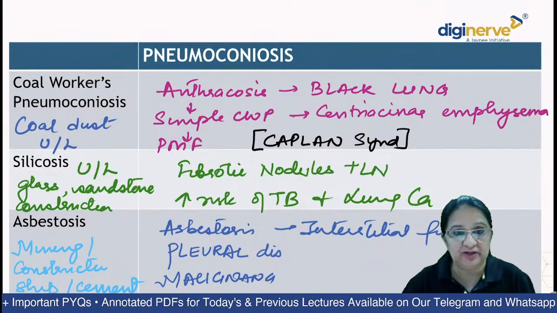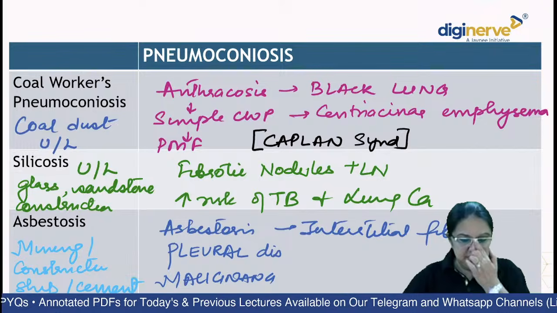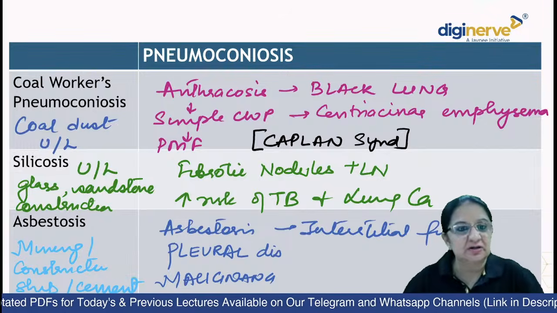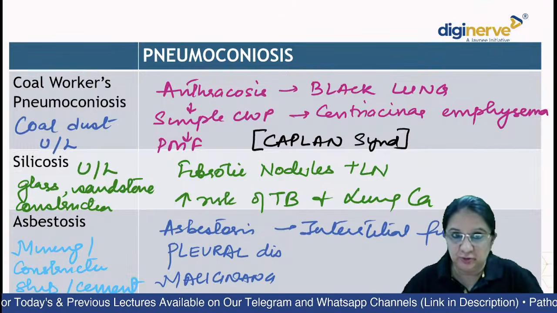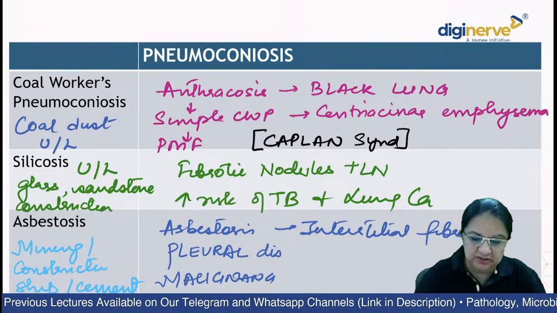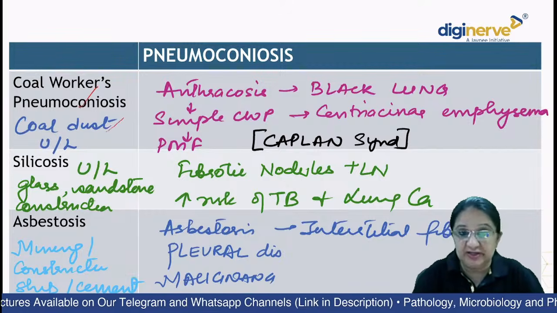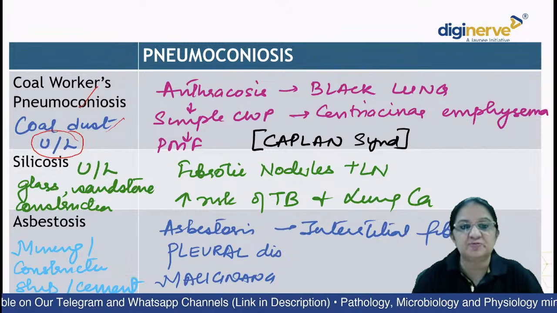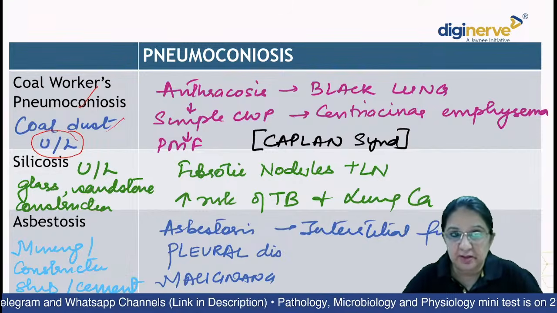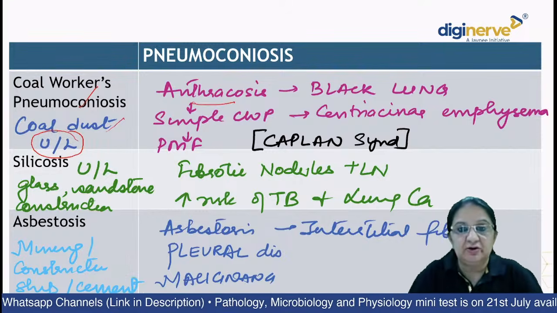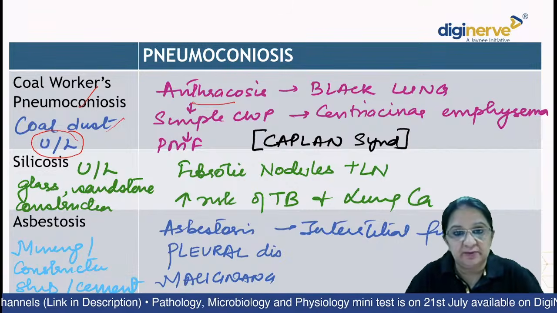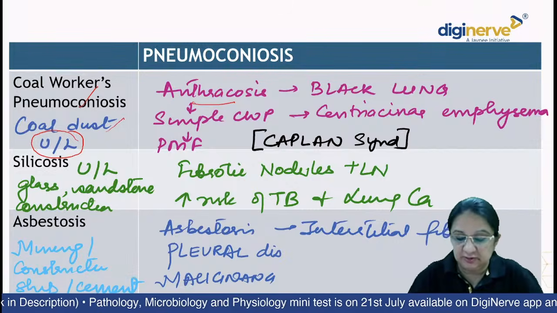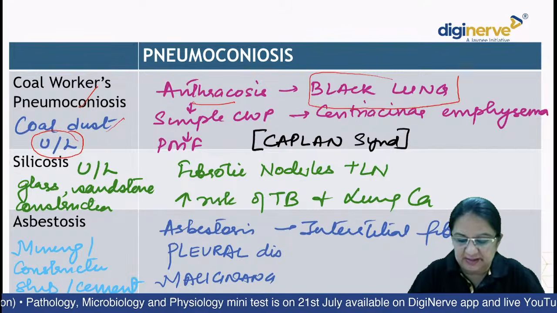Please do go through it very quickly, right? So starting with pneumoconiosis. The first pneumoconiosis that we know about is coal workers pneumoconiosis caused by coal dust. Usually the upper lobes of the lung are affected.